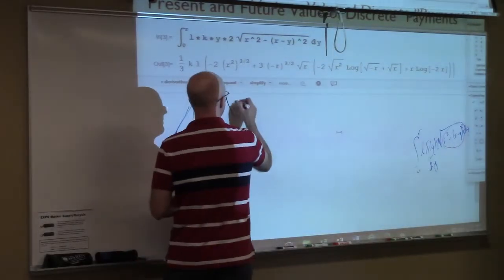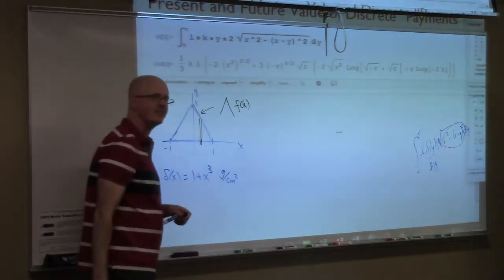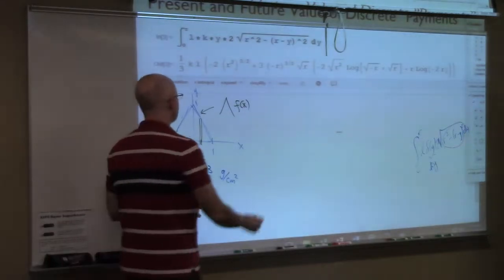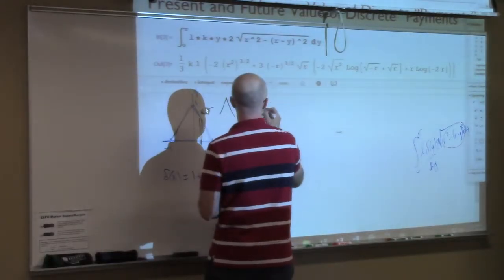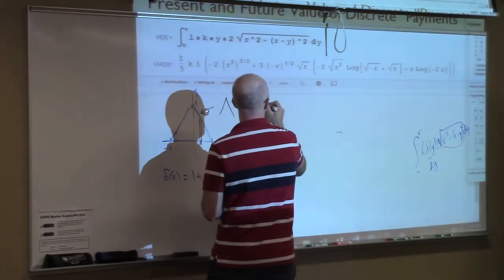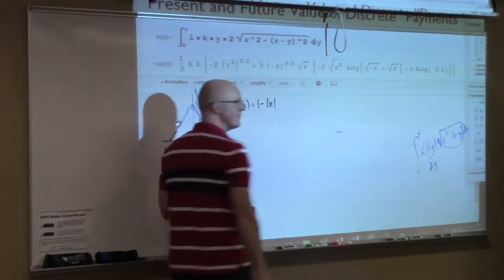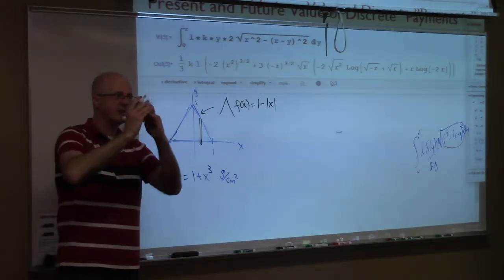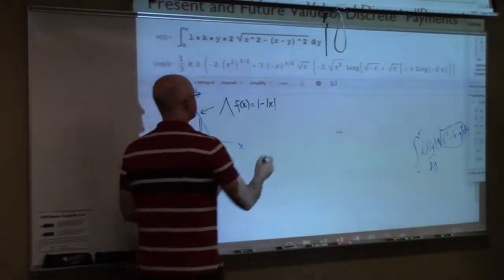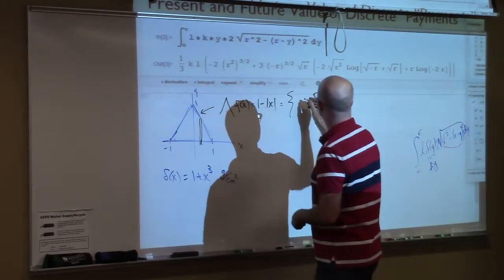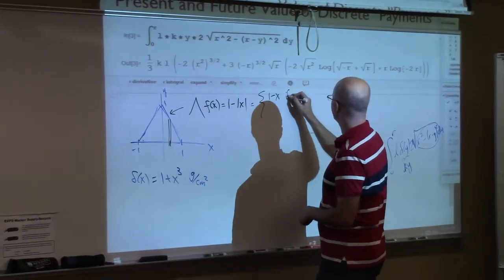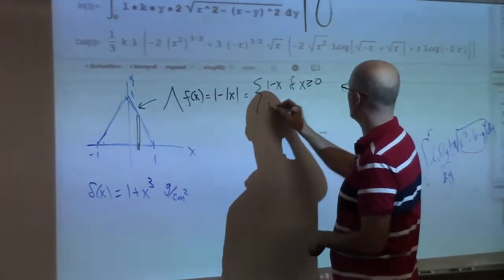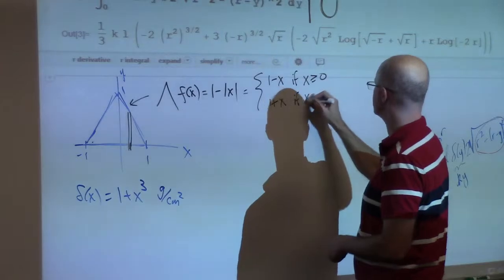Let me call it f of x. It could be given a formula as well. In fact, this formula would be 1 minus the absolute value of x. Which is a piecewise function if you think about it in pieces. That would be 1 minus x if x is bigger than or equal to 0, and 1 plus x if x is less than 0.